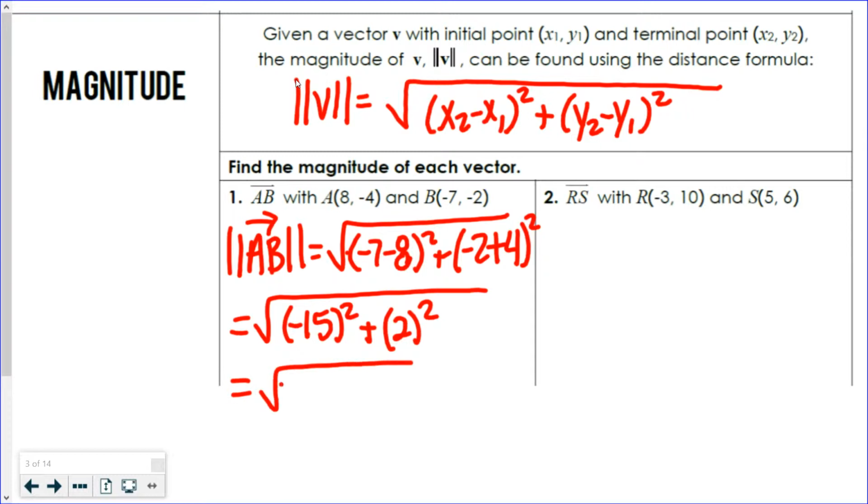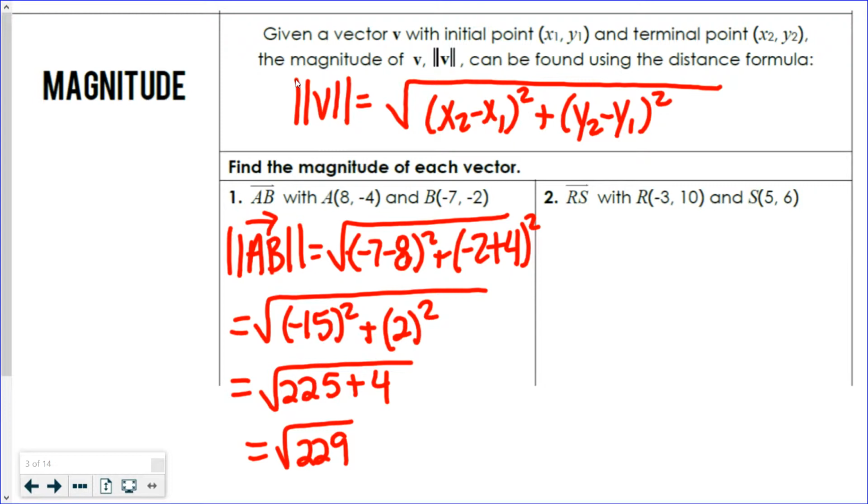That would be the square root of 225 plus 4, or the square root of 229. If you can simplify it, you want to reduce it down, but I believe that's as far as we can take the square root of 229.